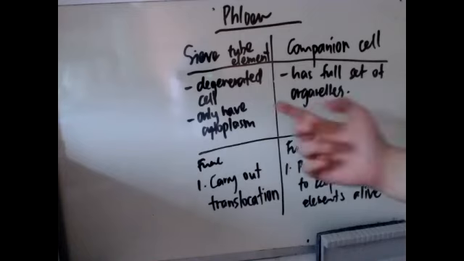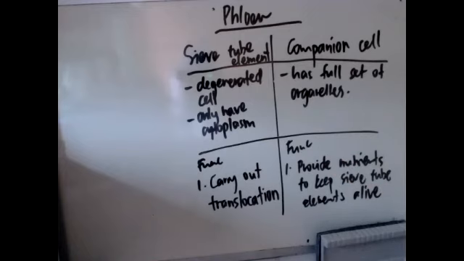For sieve tube elements, we can't really kill them and make them hollow because food requires a different way to move. So they maintain the cytoplasm and remove the organelles. The organelles serve like an extra burden, extra resistance. If you remove the organelles and leave only the cytoplasm, you can transport food very, very quickly.